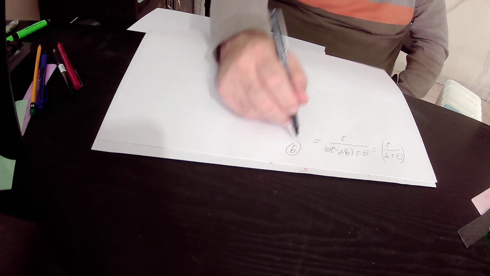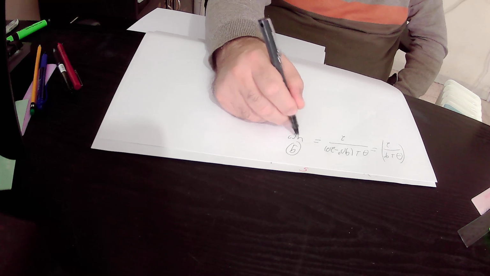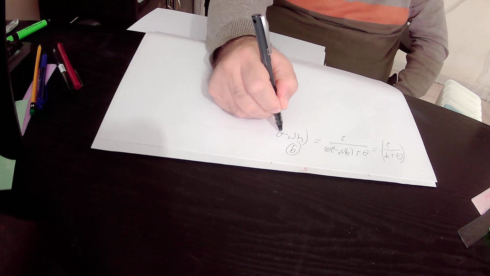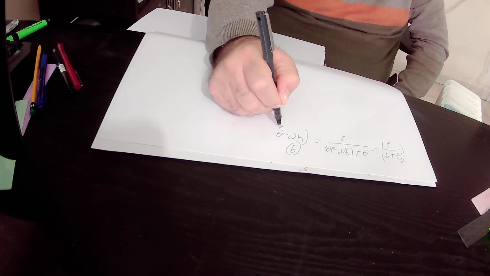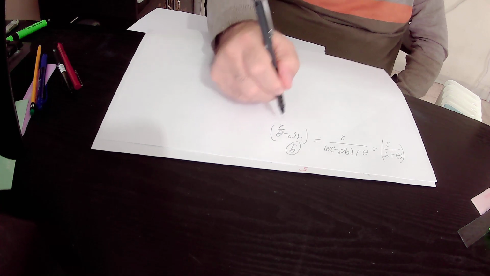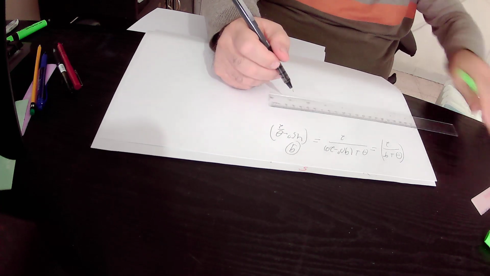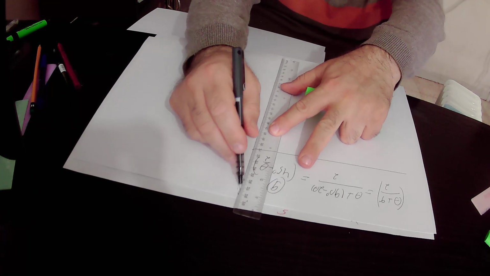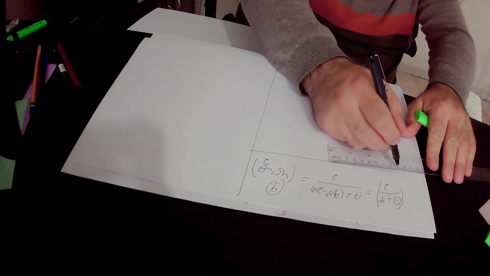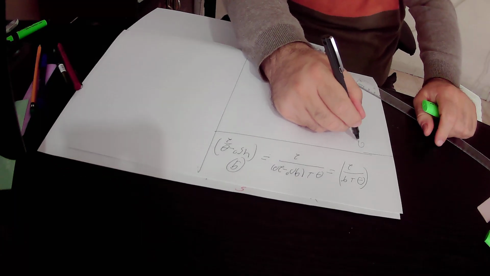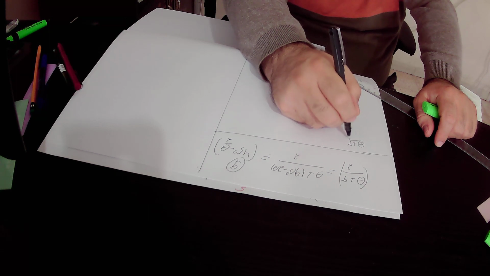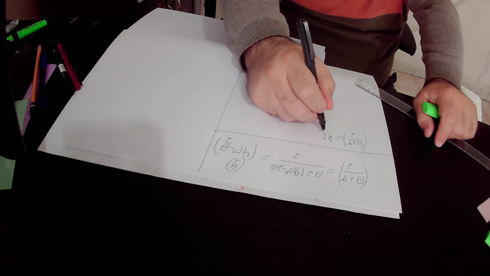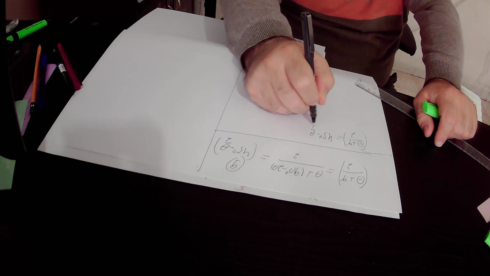So 90 degrees over 2 is 45 degrees, and theta minus 2 theta is minus theta, all divided by 2. So in conclusion, we found out that (theta plus alpha) over 2 is equal to 45 degrees minus theta over 2.